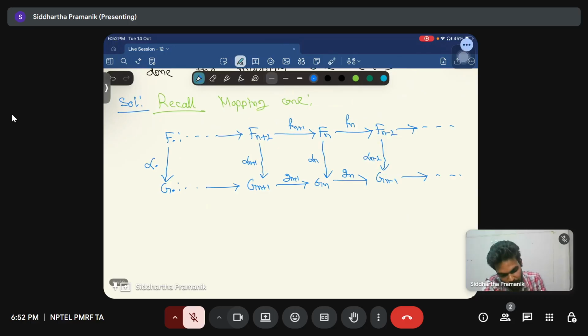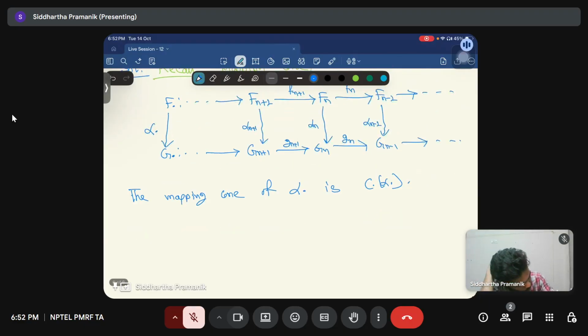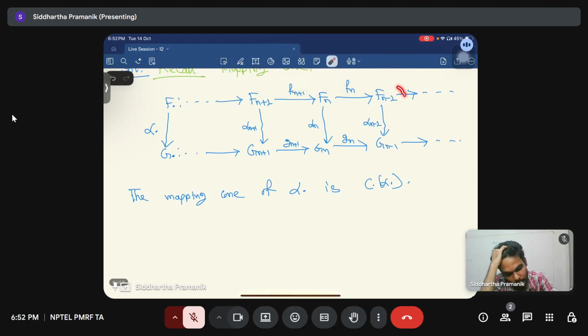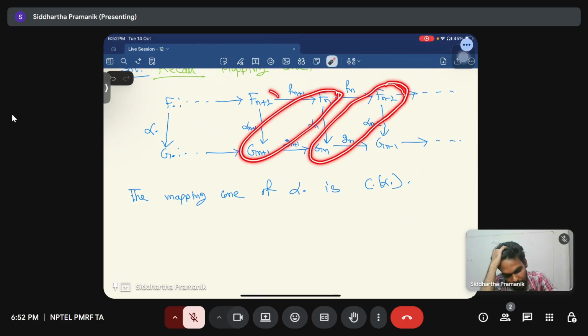Now how is this cone defined? The mapping cone of alpha dot is denoted as C dot of alpha dot. It is defined as follows: you take the modules at the diagonals.